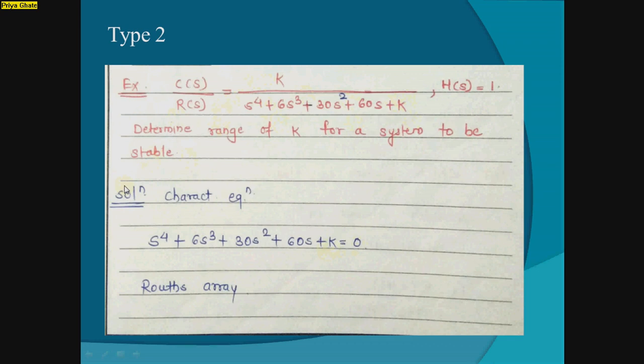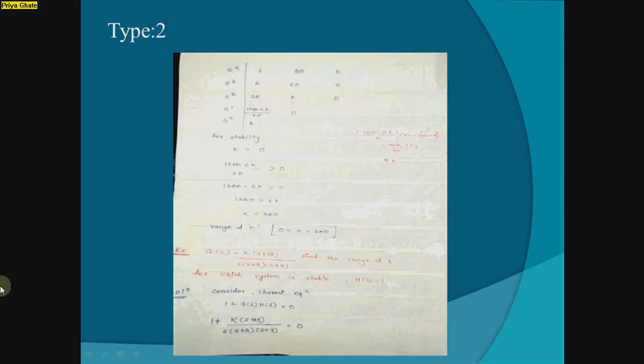We are considering the denominator part for the characteristic equation. Now we have the Routh array for that example. Then we have these values. To check stability of the system, the condition is k should be greater than 0. We are considering this term to calculate k, and we have the k value 0 less than k less than 200.